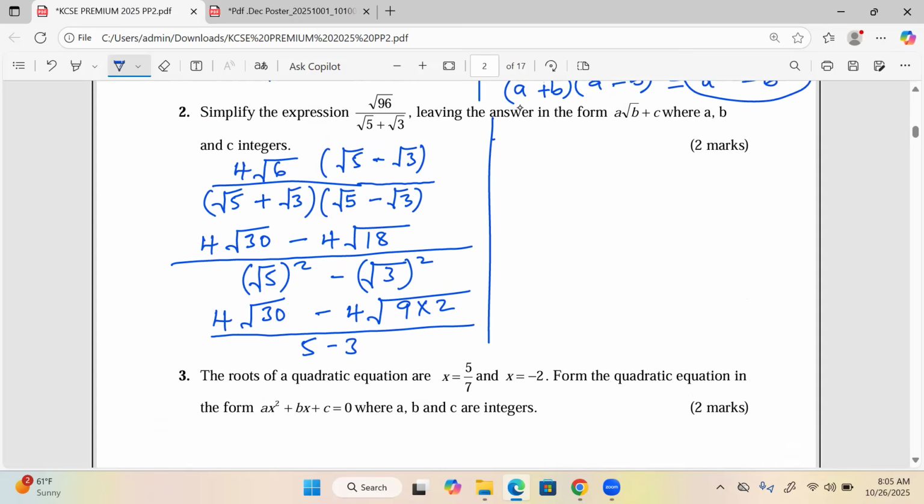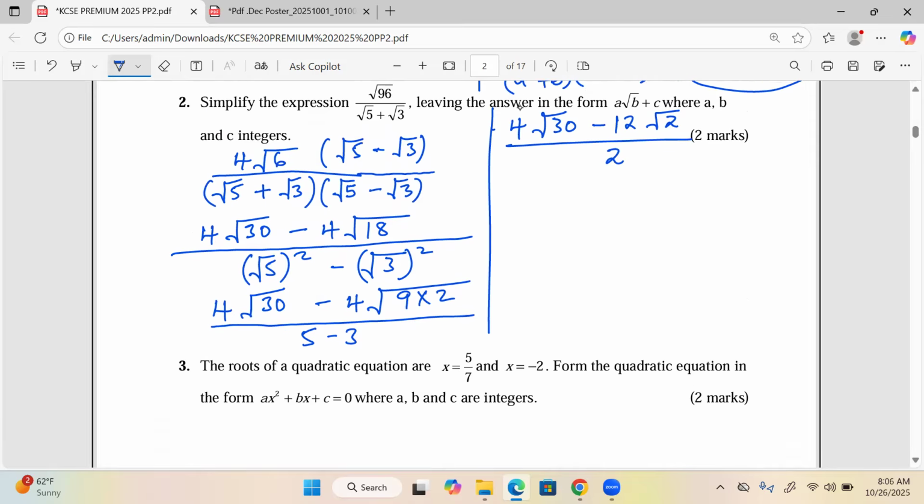So let's talk about 4, the root of 30 minus, you know the root of 9 is 3. So when 3 is found, it is having a 4 already outside, so making it a 12. But the root of 2 remains in the brackets. It remains under the root sign because root of 2 is not known. Out of 2, like that.